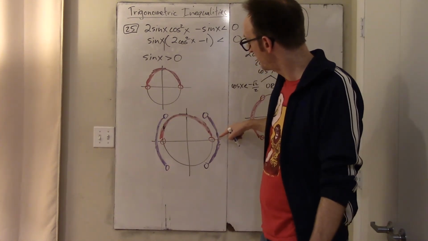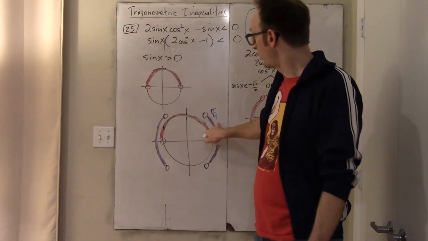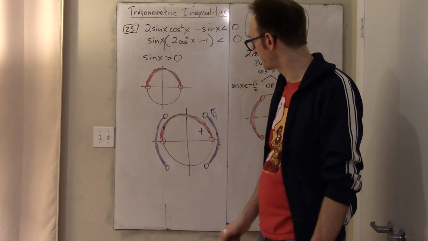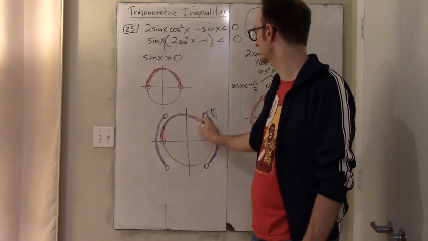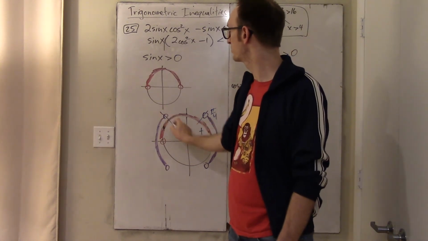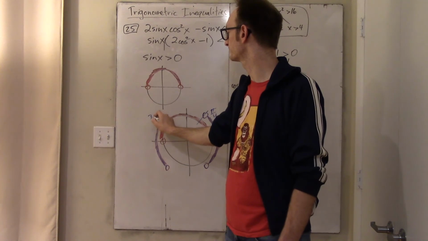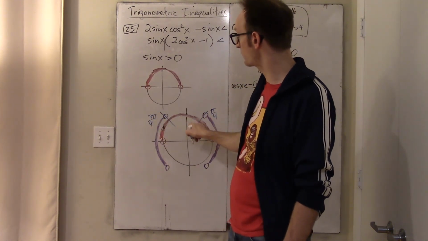So here, from 0 to pi over 4, they're both shaded, so the product is positive. And from pi over 4 to 3 pi over 4, one is shaded and one isn't.